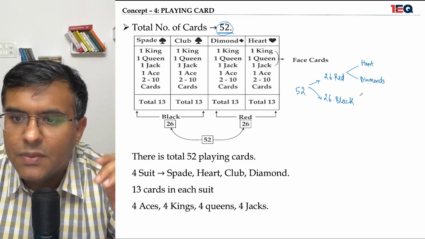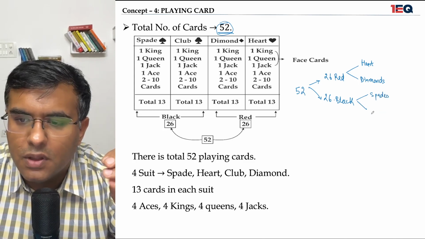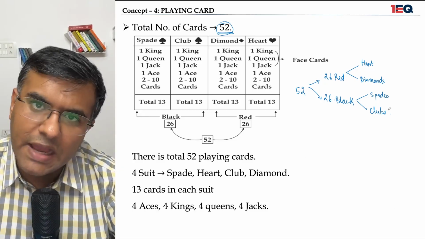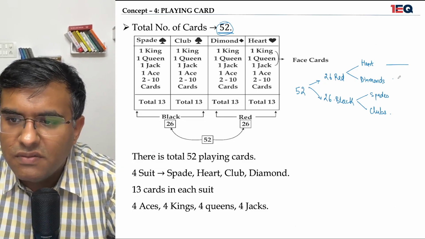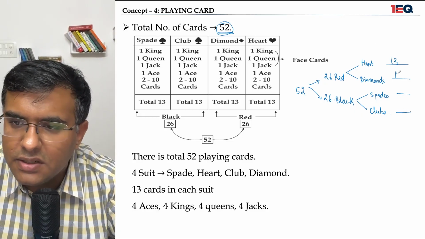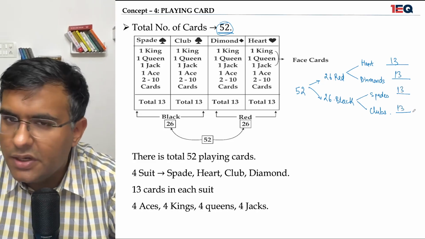Then there are two more options, which are spades and clubs, which are black in color. Now each of these suits is divided into 13 each. There are 13 hearts, 13 diamonds, 13 spades, and 13 clubs.